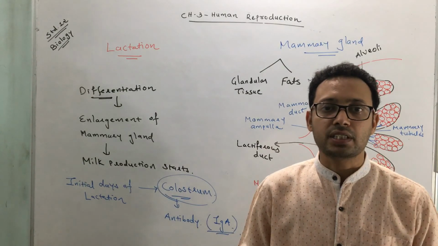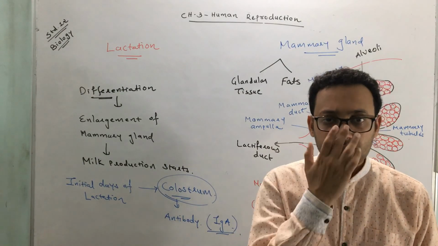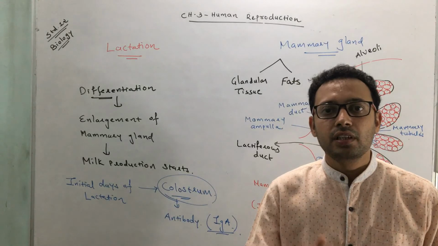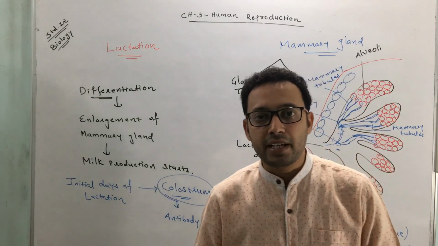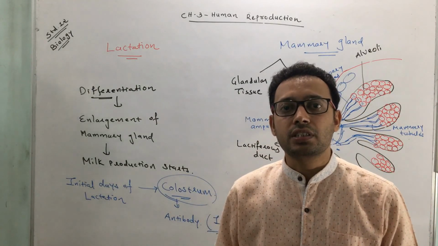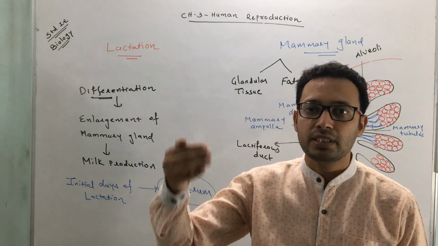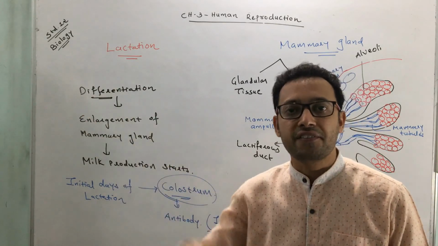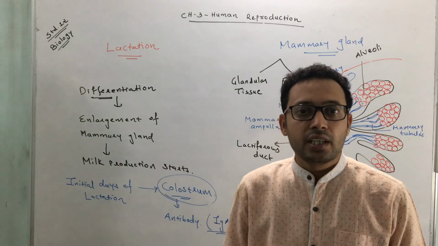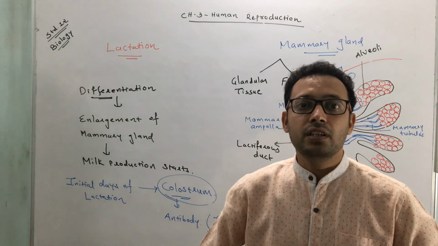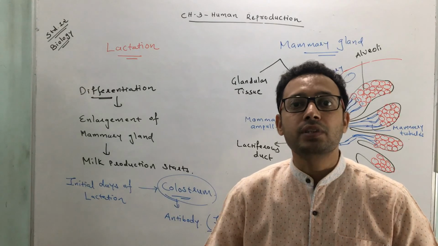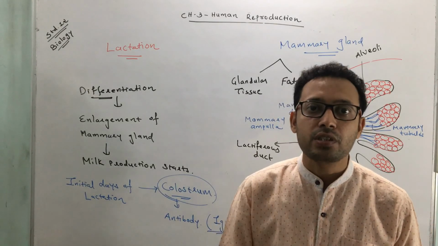Today we have discussed pregnancy, how the placenta is formed, and how the different hormones are secreted by it. Then we discussed the development of the embryo and the important milestones at the end of the first month, second month, and third month, and how the different organs are developed. Then we saw how, once development takes place, delivery takes place, meaning parturition.